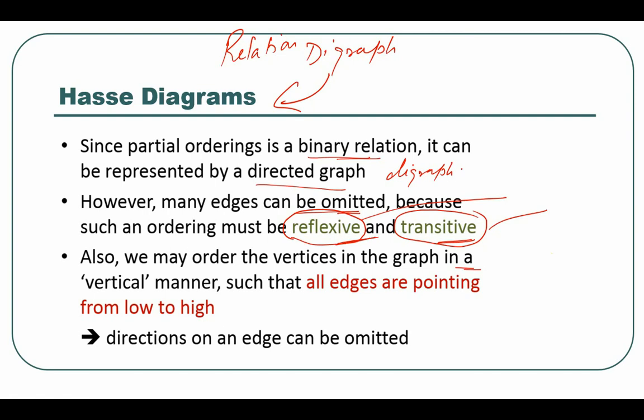There are no horizontal edges in a Hasse diagram. And then we can omit the directions on the edges. The physical location of the particular node will tell us whether it is preceding another node or succeeding another node. Let's understand it with the help of an example.